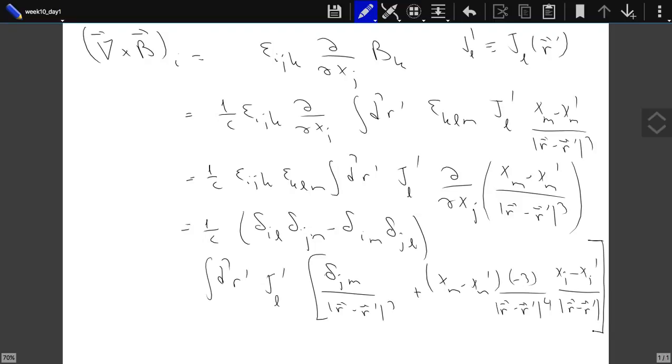So you have not exactly what I had. It doesn't continue from what we had done on Wednesday. What we did on Wednesday is that we replaced this function by the gradient of another function, the function of 1 over the distance. Okay, let's go that way.